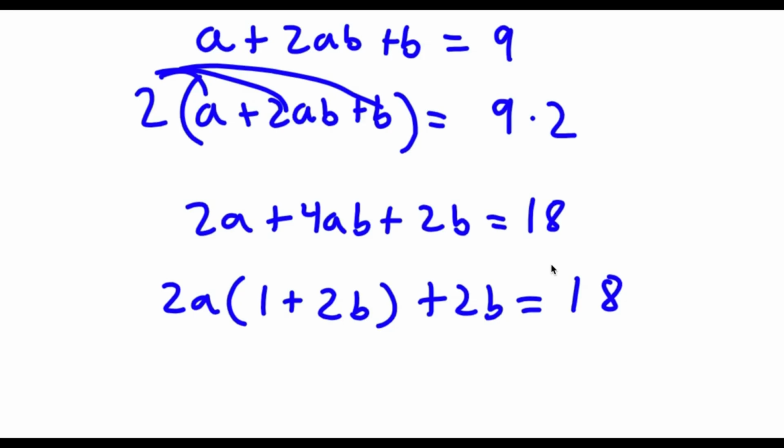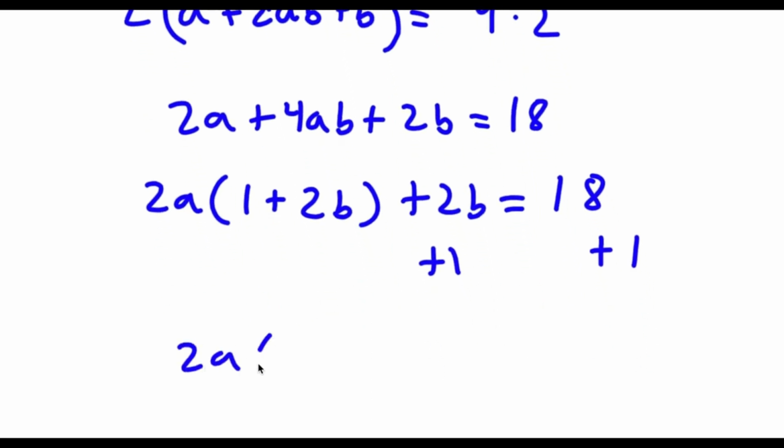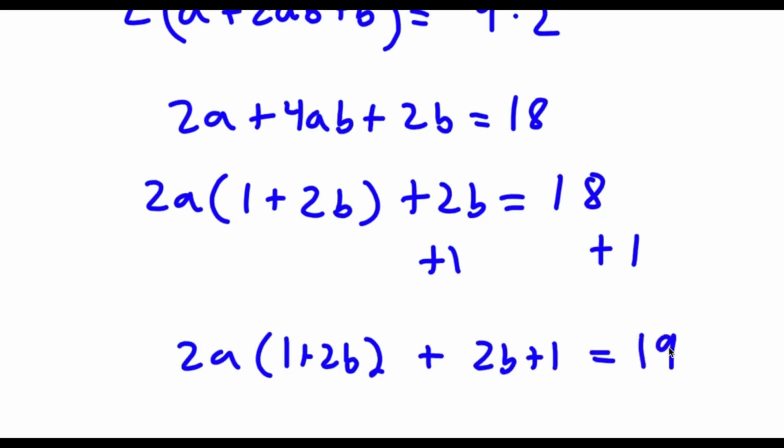Now I'm going to go ahead and add 1 on both sides. So now I have 2a times 1 plus 2b plus 2b plus 1 is equal to 18 plus 1, which is 19.